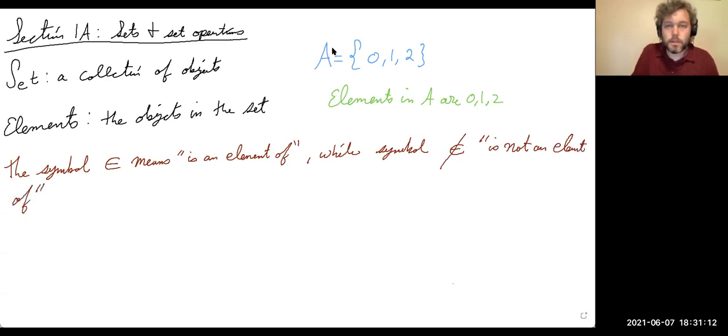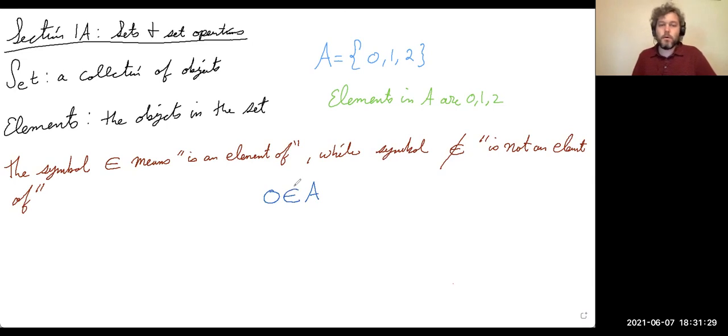Let's look at an example of what that is talking about. That is saying, for instance, 0 is an element of A. That's how this symbol is used.